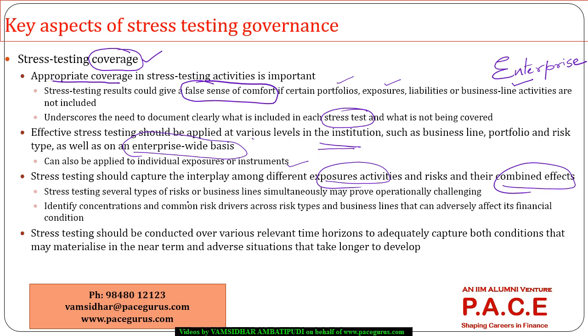Stress testing several types of risks and business lines simultaneously could be a challenging activity. But still, unless I look at the complete picture at an organization level, understanding the relationships between the various business lines, I may not achieve the level of adequacy and conformity as required.